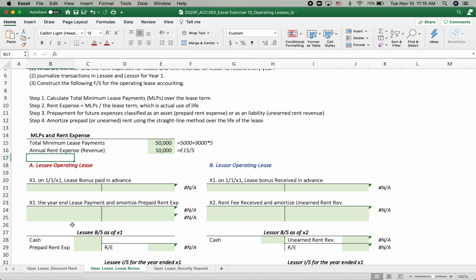Let's see operating lease. Now on January 1st, at the beginning, the lessee paid cash first, $5,000, and then what account do you need? Right, this is a deferred asset account. They paid in advance, but they haven't received the service yet.